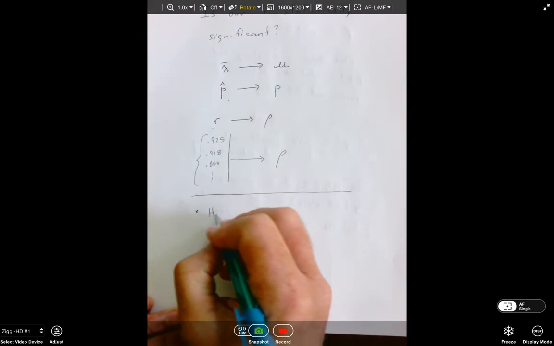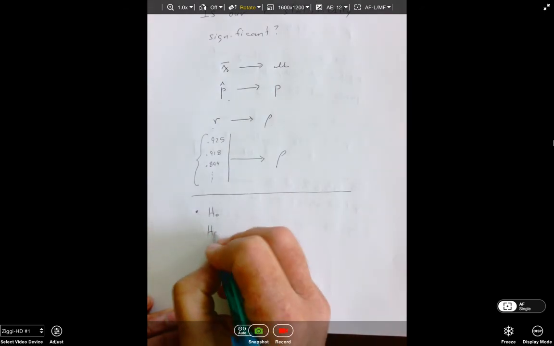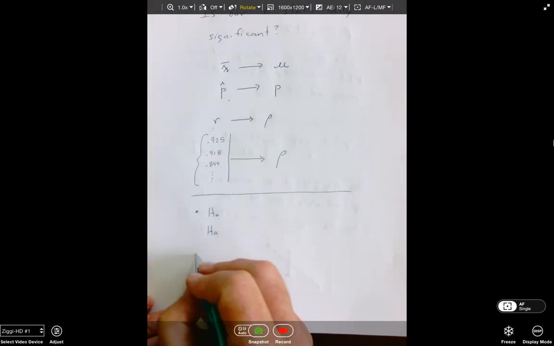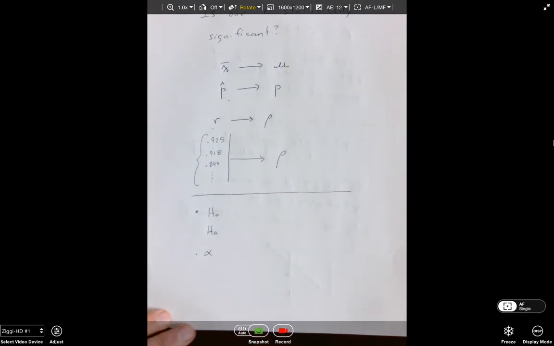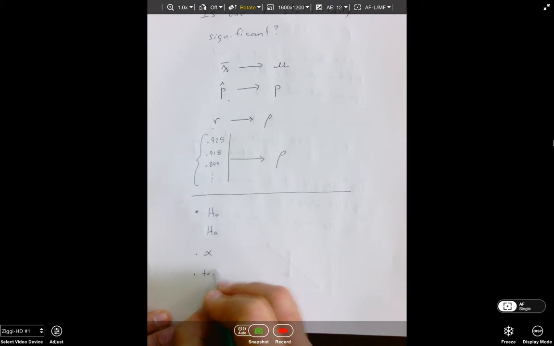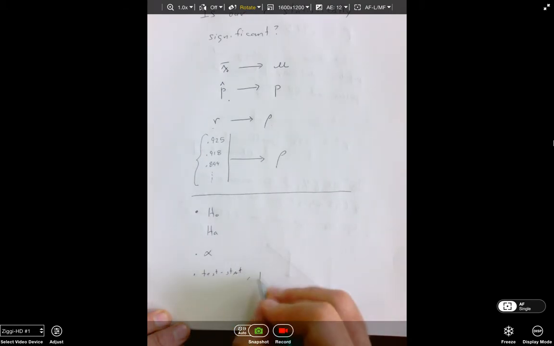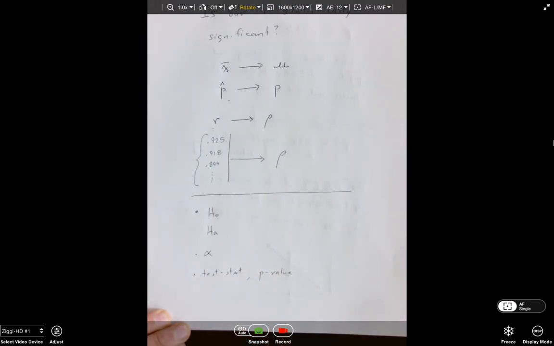We need an H sub O and an H sub A. We need an alpha. We need a test statistic. From that, we need a p-value. And we need a decision. All right, gang, let's do it.